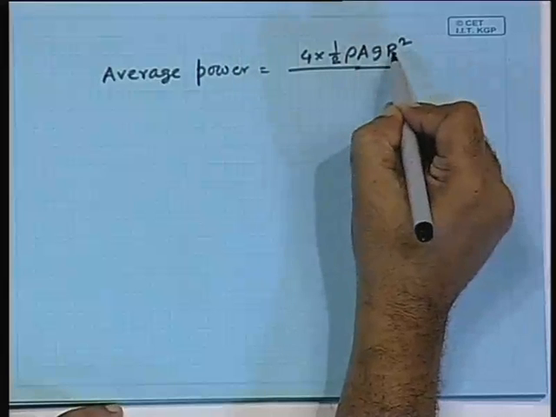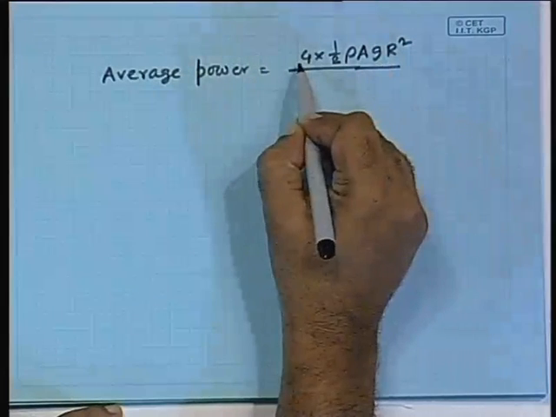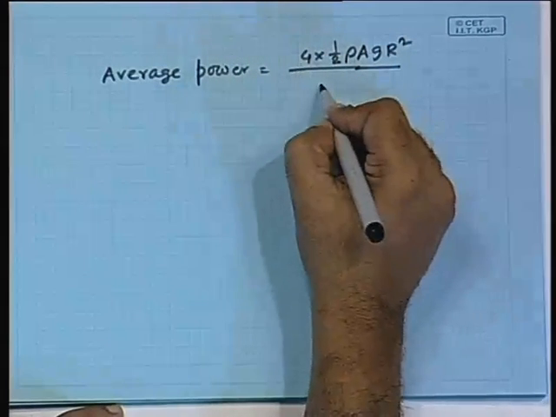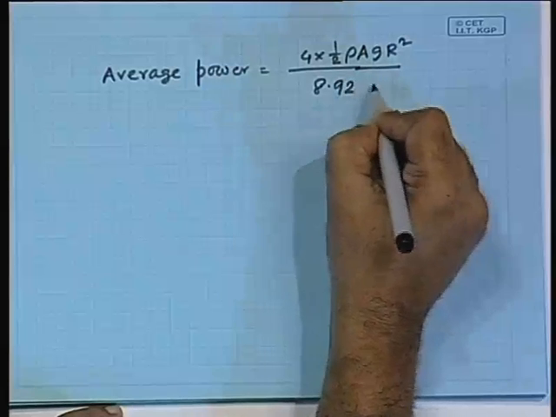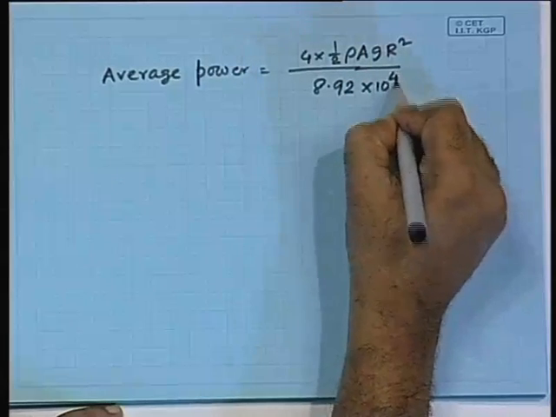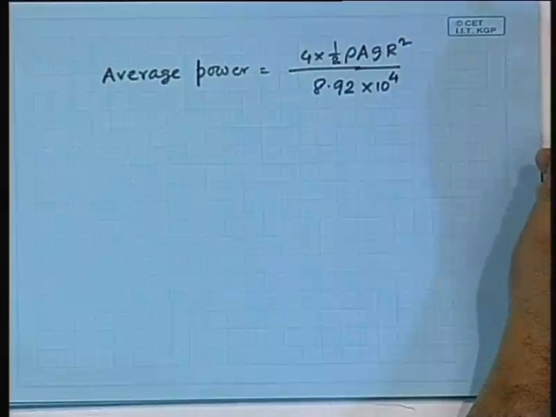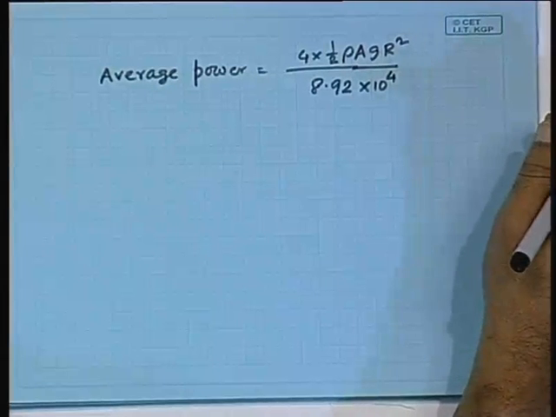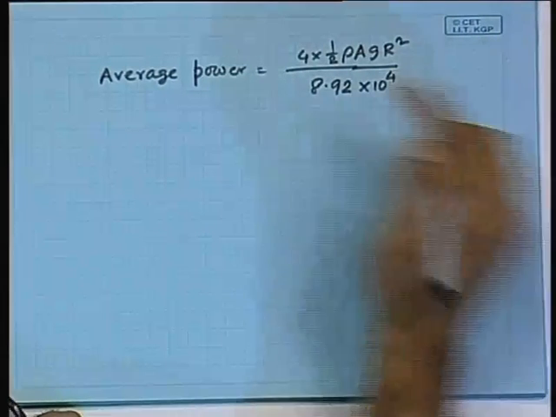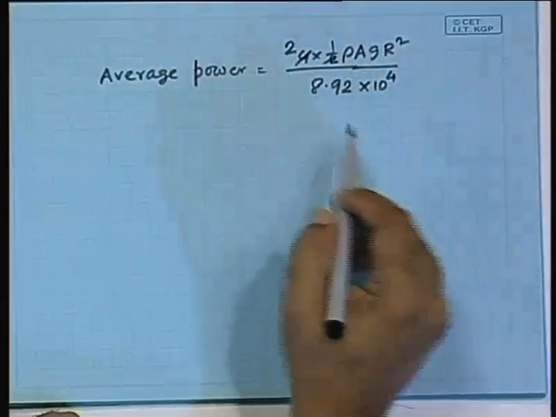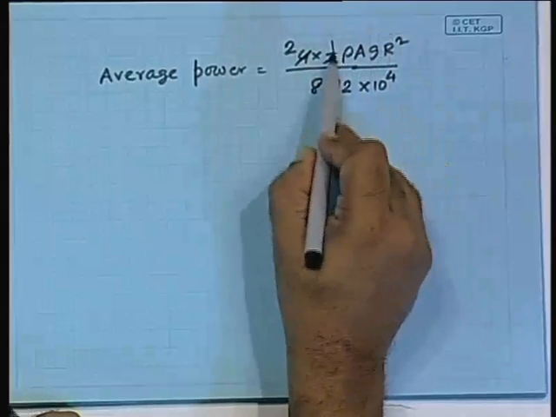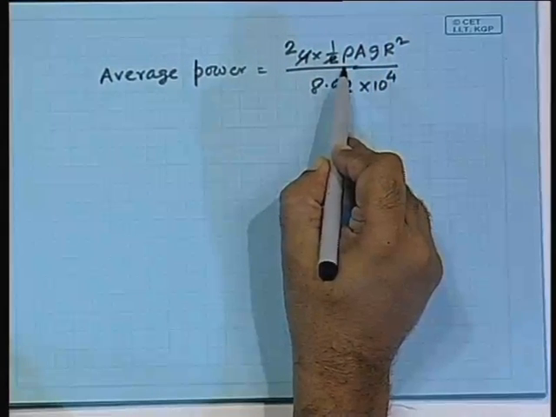Okay, this is the amount of energy available. It was available 4 times within a time. Now, this of course cancels out, gets 2. Now, we have to substitute these values in order to estimate the numbers.